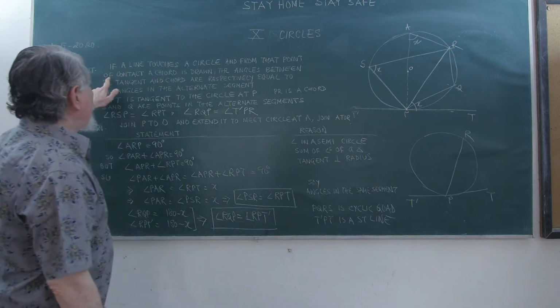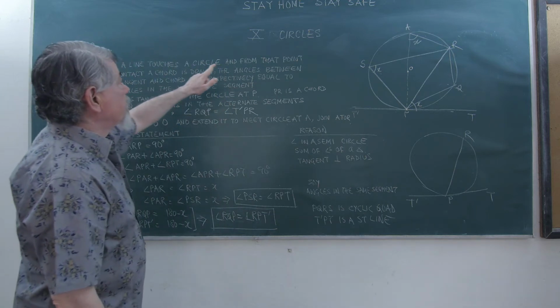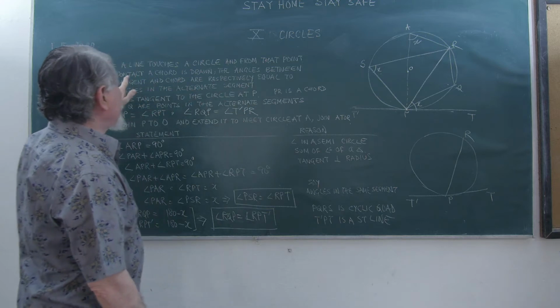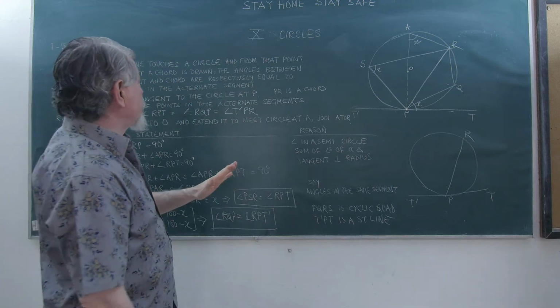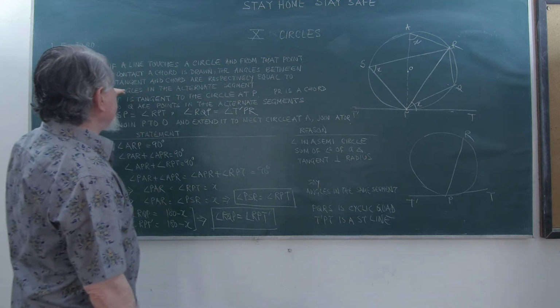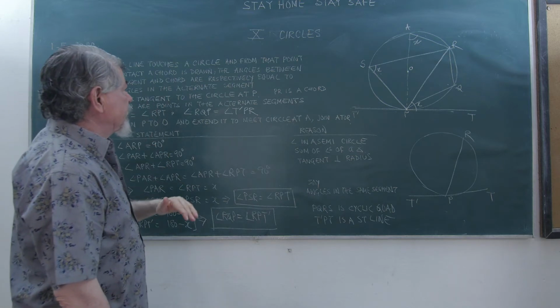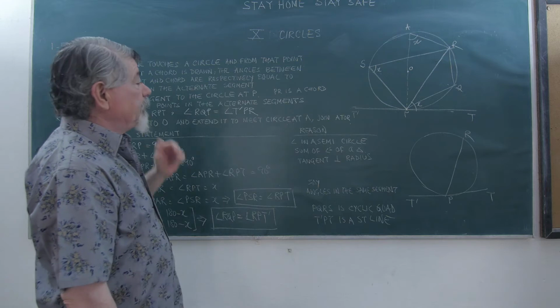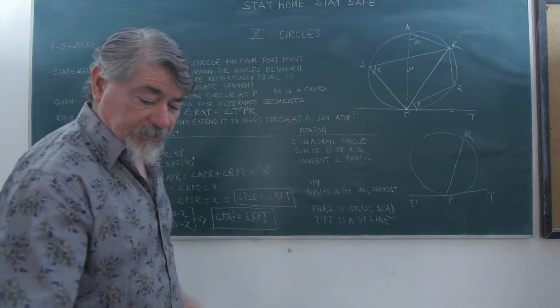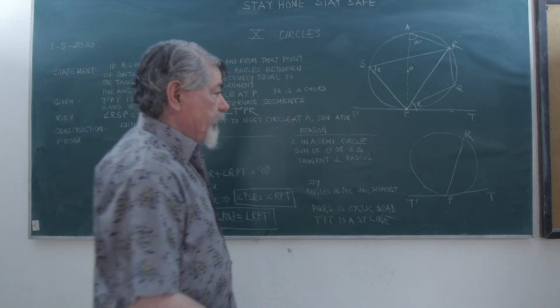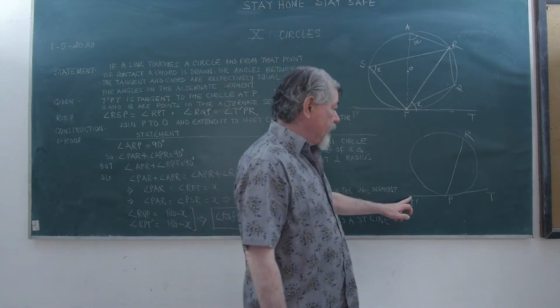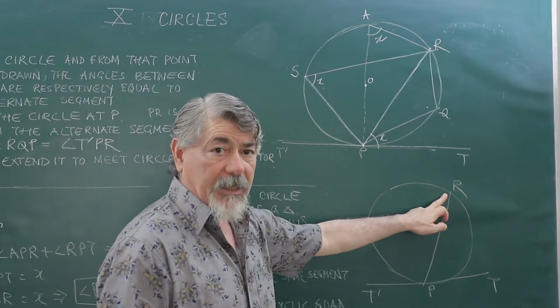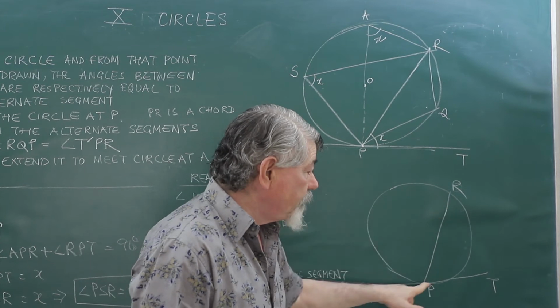He says if a line touches a circle and from that point of contact a chord is drawn, the angles between the tangent and the chord are respectively equal to the angles in the alternate segment. What are alternate segments? Now there are two angles which are formed. One is angle T'PR, another angle is RPT.